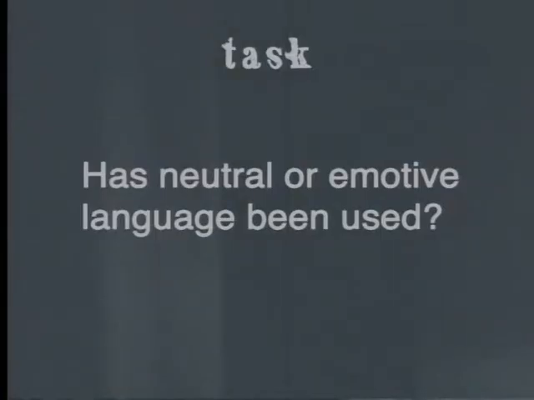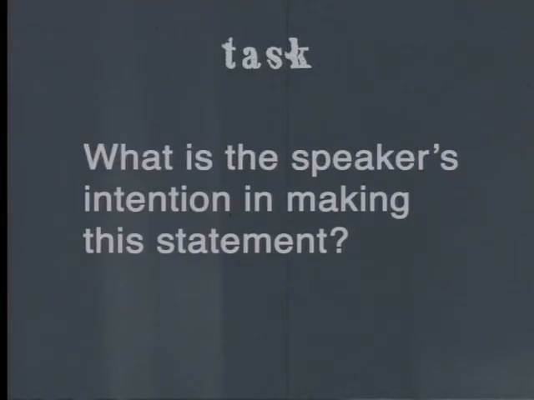In this lesson, we have looked at texts that use emotive language and a text that uses more neutral language. For today's task, I'm going to show 2 quotations and I want you to answer the following questions. Has neutral or emotive language been used? And what is the speaker's intention in making the statement?